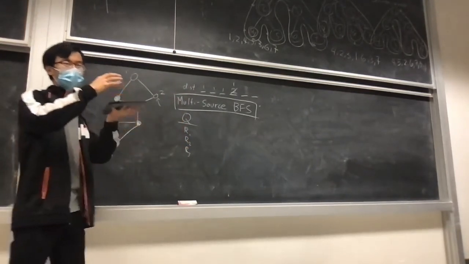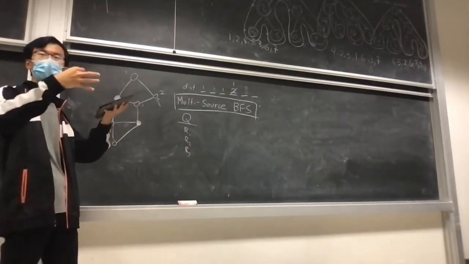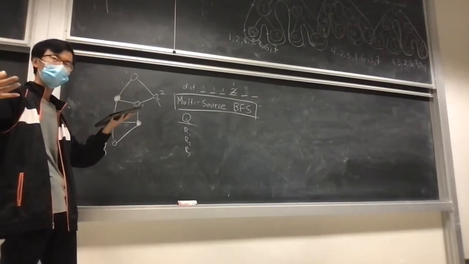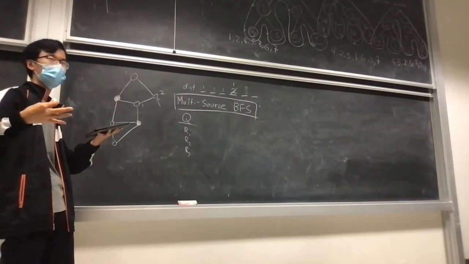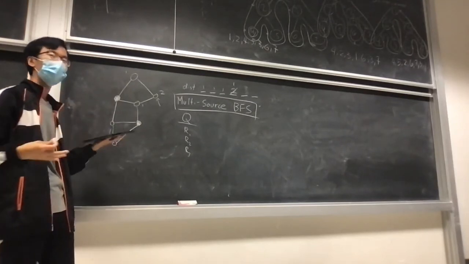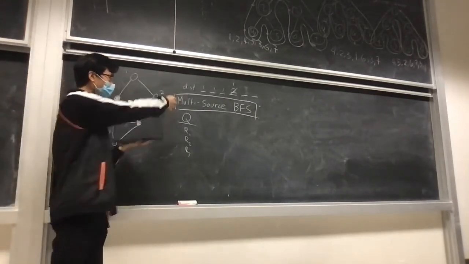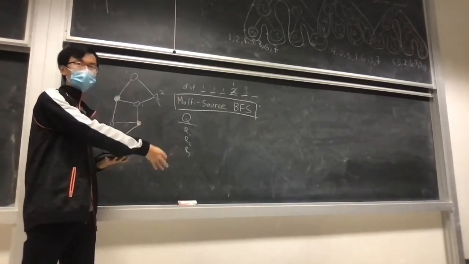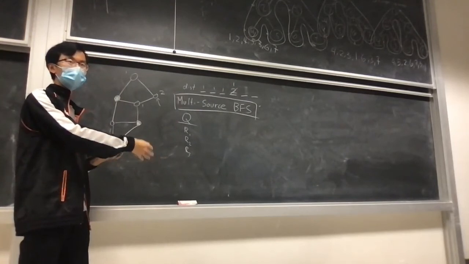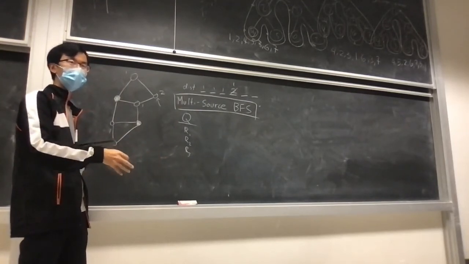So think about them as like a ring around the node that expands. But when these rings collide, you know that if you've visited a node already, because we pushed all of these sources in first, then it must be closer to some other red node. So that's the crucial part, if that makes sense.